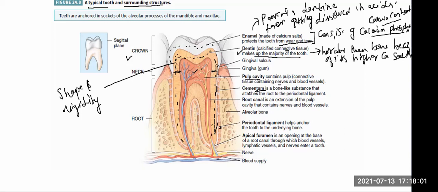Sometimes you have sensitivity in your tooth, and sometimes it also happens that you need to undergo a root canal surgery because of the sensitivity when you eat something hot or cold, right? So it is due to the nerves that are infected in the pulp cavity. And what infects these nerves? It's the bacteria.